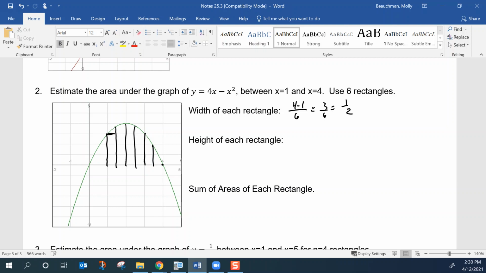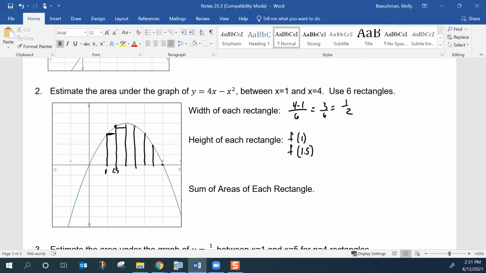So the height of the first rectangle is f of 1. The height of the second rectangle is f of 1.5. So here's 1, here's 1.5, so that's the height. The height of the third rectangle isn't f of 2 because notice it would extend above.